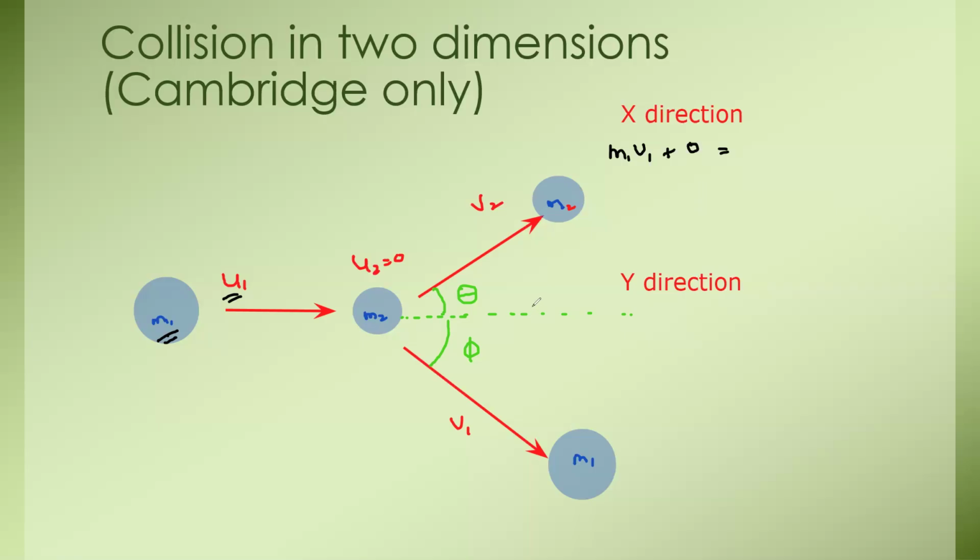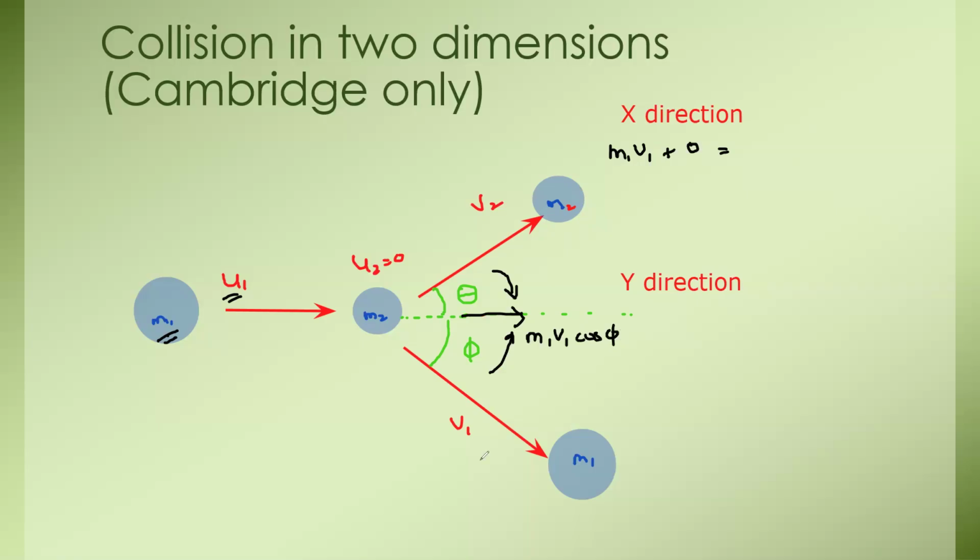Now, what is the momentum after the collision in the x direction? As you can see here, they have both x and y components, but I need the component in the x direction. For M1, this component will be M1 V1 cosine phi.